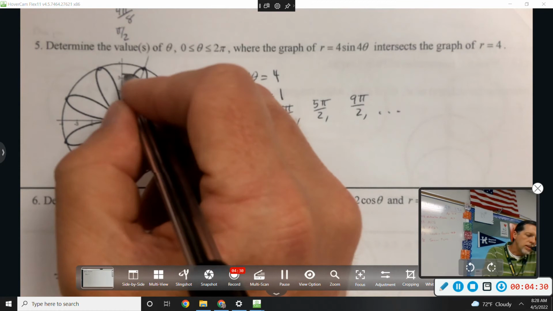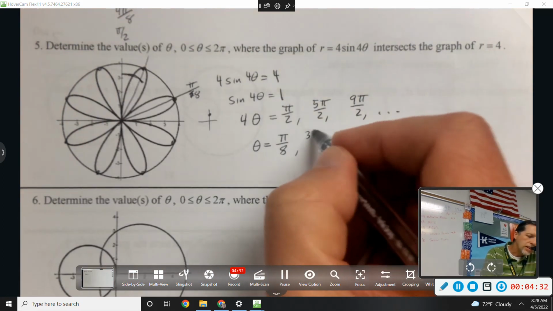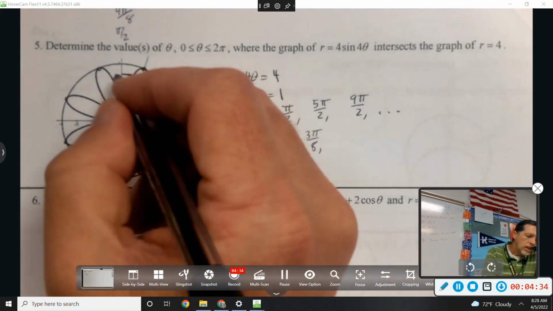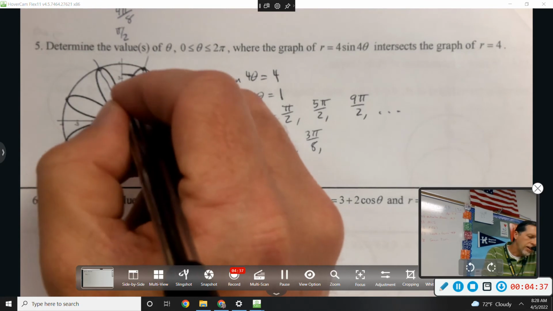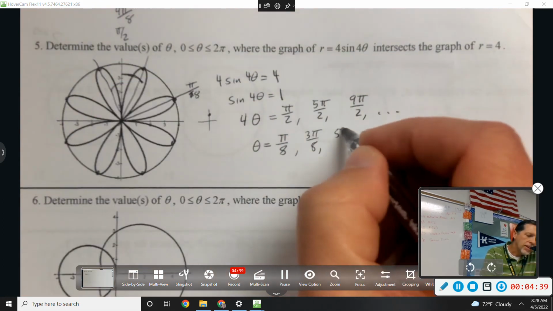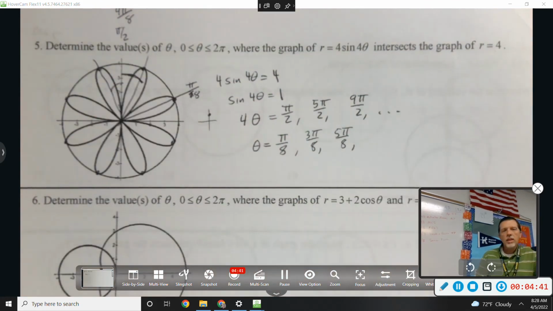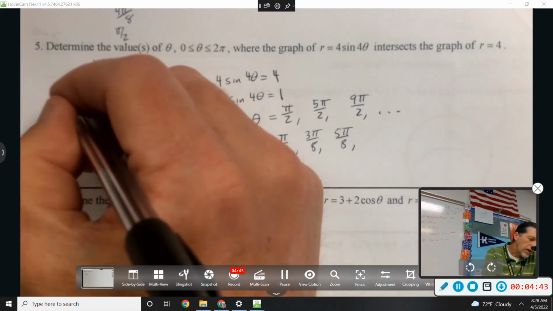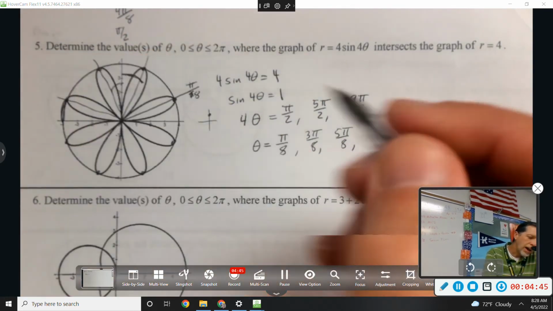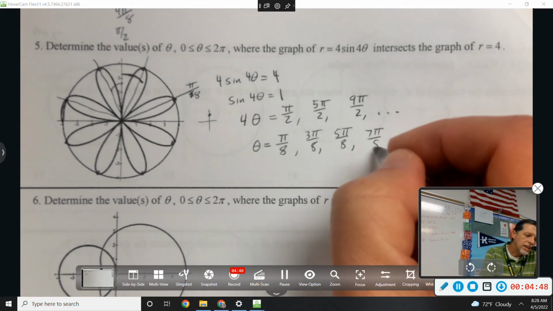So this must be 3 pi over 8. And then pi over 8 past that would be 5 pi over 8. And then pi over 8 shy of 1 pi would be 7 pi over 8.